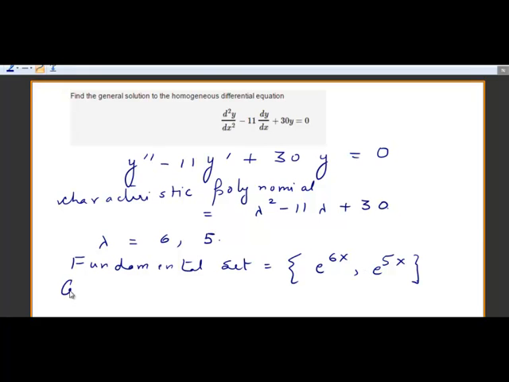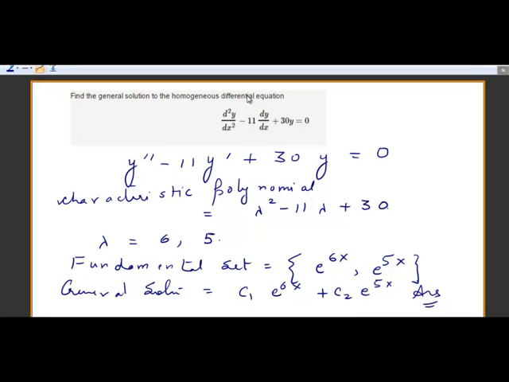So the general solution for this problem will be C1, linear combination of members of the fundamental set, e to the power 6x plus C2 e to the power 5x. And since the problem was asking for the general solution, we will leave the answer right here. This is your y, the unknown function.